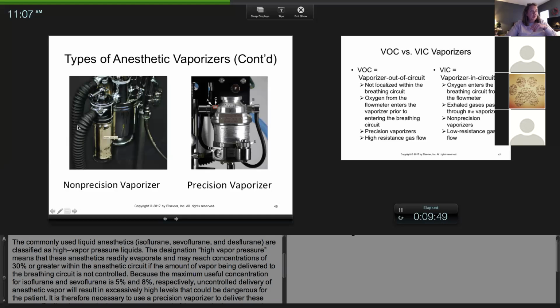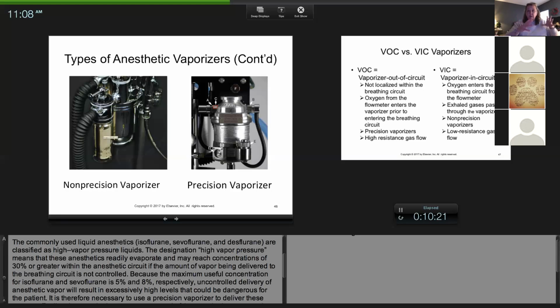And then as your patient inhales, if you could imagine here, oxygen is coming through this inhalation valve and is going through the jar. As the patient inhales, they pull oxygen through that jar, which picks up the vapor, and then they inhale it. But if you think about it, because this is in the inhalation tube, or it's within the circuit, the patient's respiratory rate and respiratory drive can affect the anesthetic concentration.